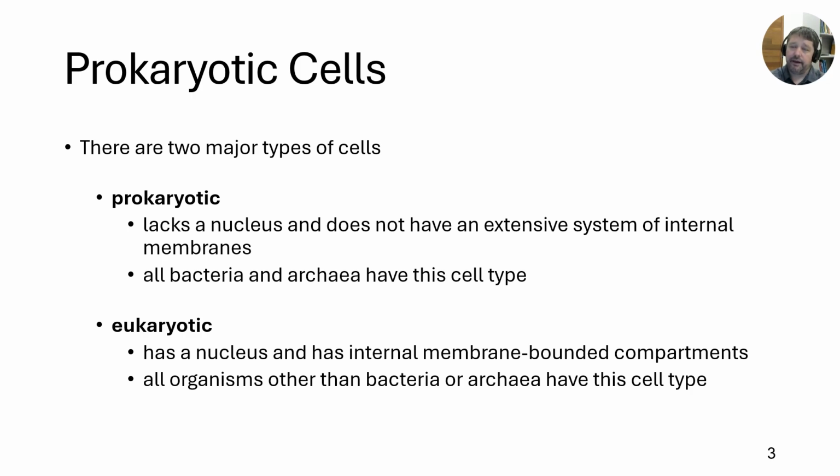Now, I want you to remember this though. Just because they don't have a nucleus, a Golgi apparatus, a mitochondria, and all these other organelles that we'll talk about next lecture, it doesn't mean they don't have the capability of doing the functions that those organelles do.